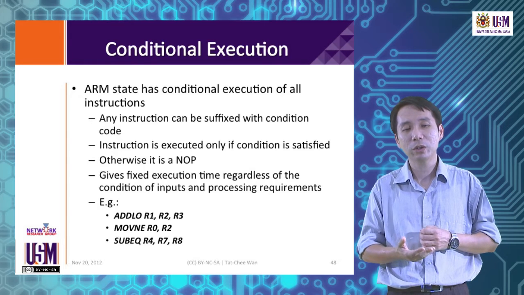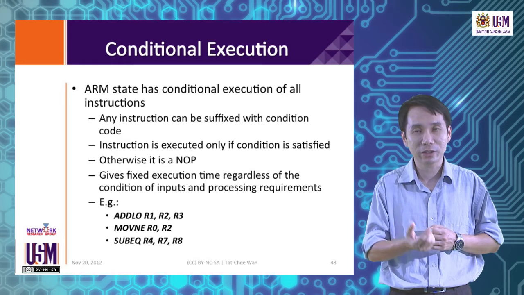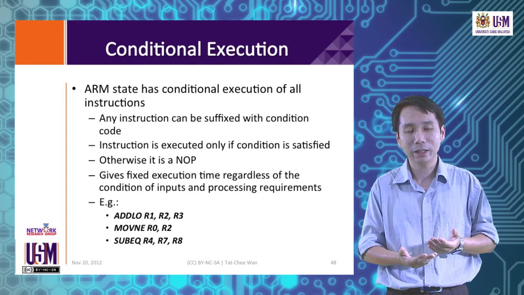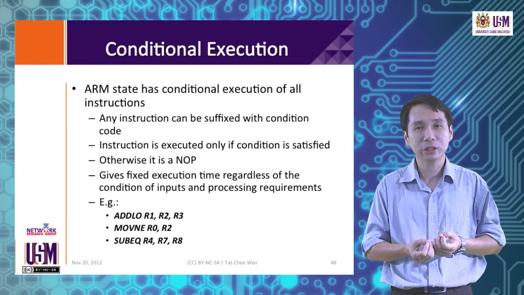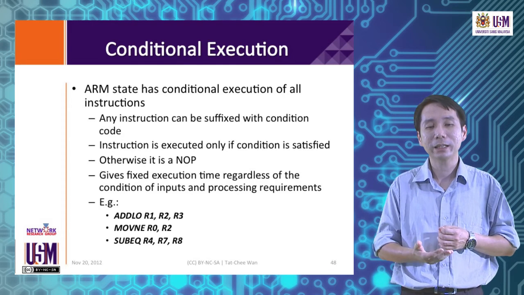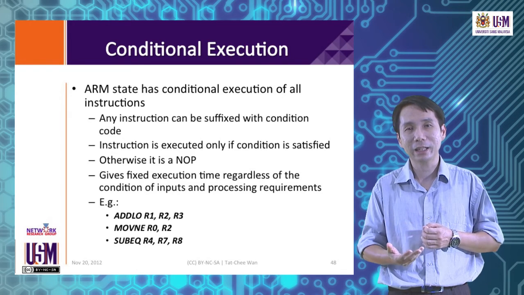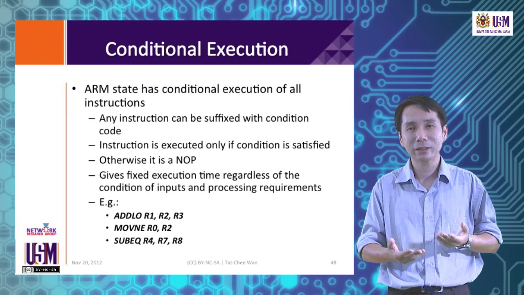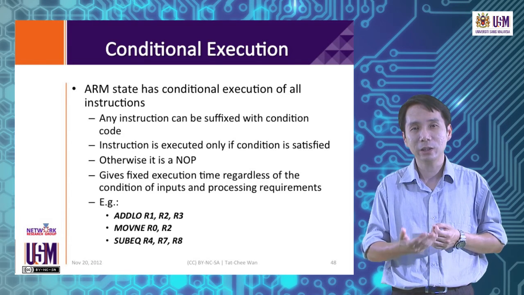The move not equal R0, R2 will only store the value of R2 into register R0 if earlier there has been a status flag update that causes it to indicate a not equal condition. Finally, a subtract if equal R4, R7, and R8 will only store the result of R7 minus R8 into R4 if an earlier comparison or some other instruction causes the flags to indicate that it is equal.